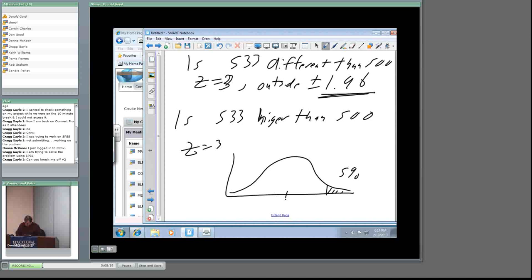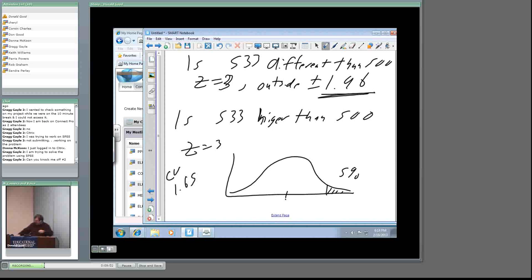You're looking at, well, we tend to want to err on the conservative side, so we're going to look for a higher critical value. We're actually going to look at 1.65.